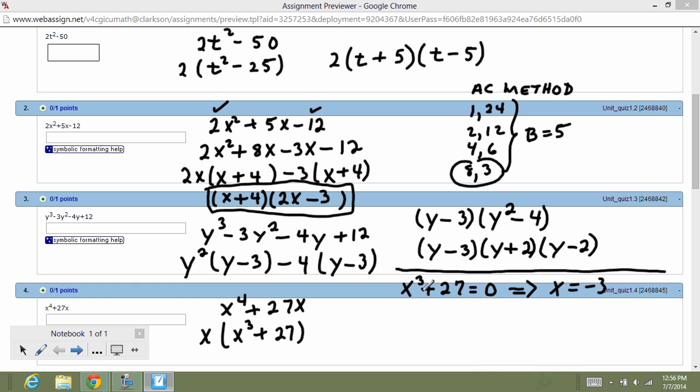Minus 3 makes the expression equal to 0. So if x minus 3 is a 0, then that tells me that x plus 3 would be a factor. And you're just doing that sort of reversing what you normally do when you solve equations. Bring the minus 3 back over to the side with the x by using the additive inverse. So what I know from that is that the x cubed plus 27, one factor of that is x plus 3.